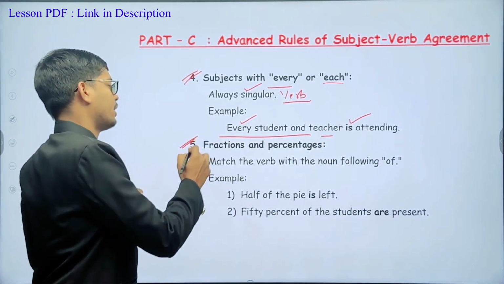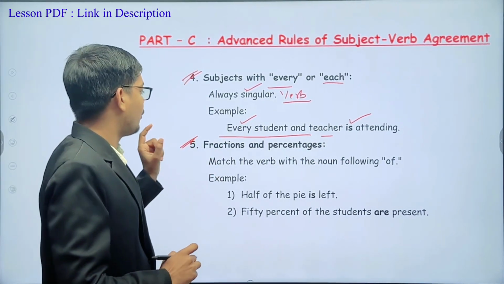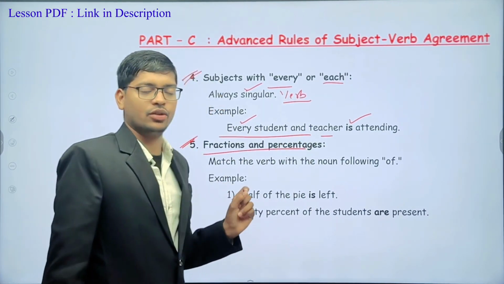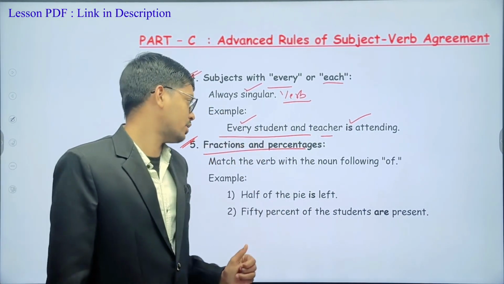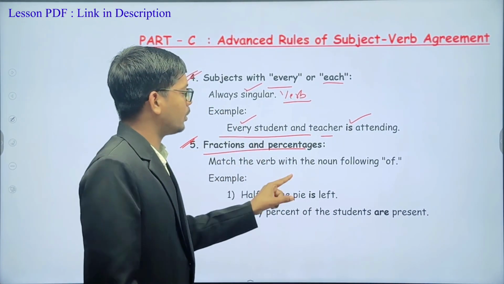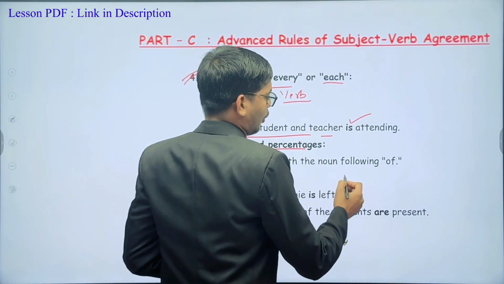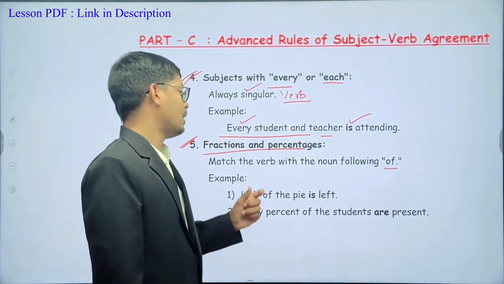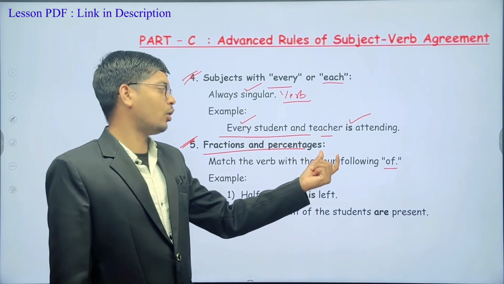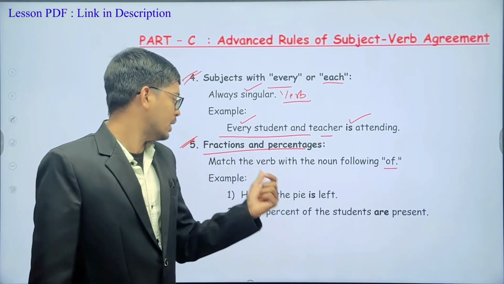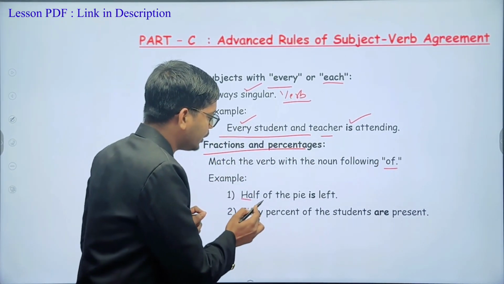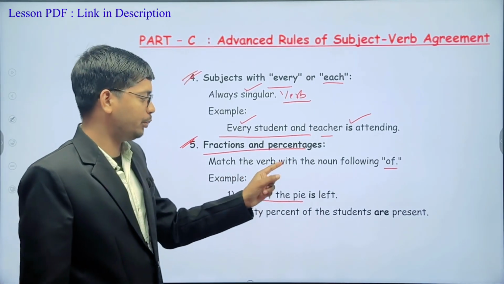Next, fifth rule: fractions and percentages. Here, match the verb with the noun following of. For example, half of the pie is left.